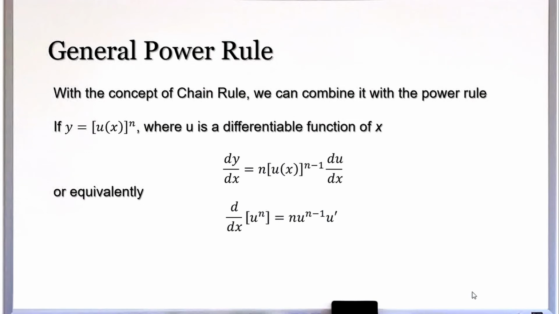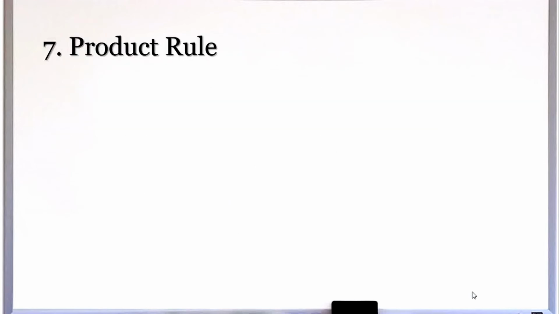Alright, so the next rule we want to prove is the product rule. The product rule and quotient rule are actually the two most commonly used rules when we want to differentiate a function. The product rule is used when we want to find the derivative of a composite function where the first function is multiplied by the second function.